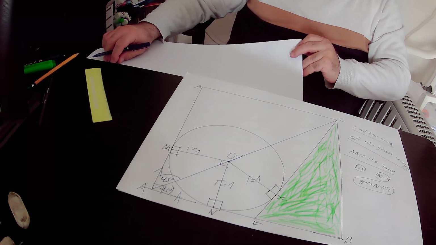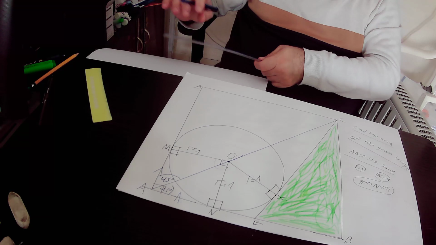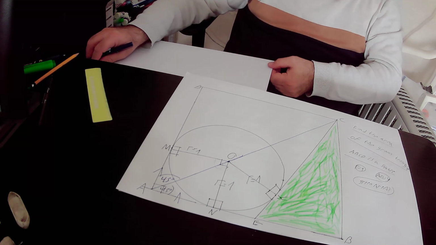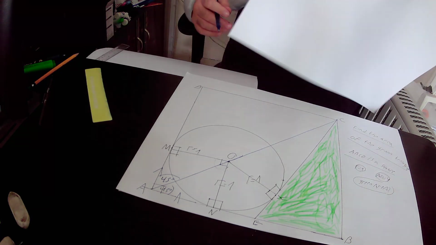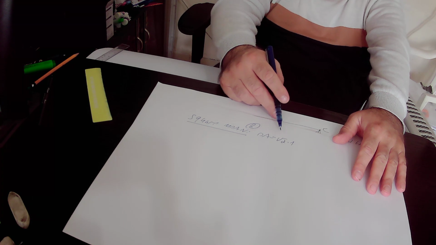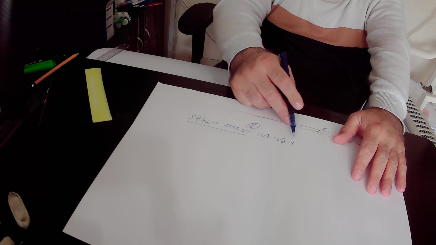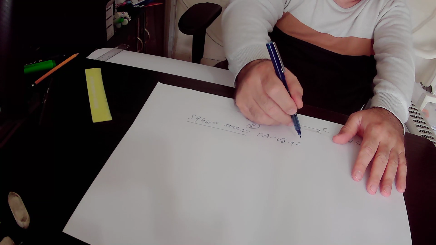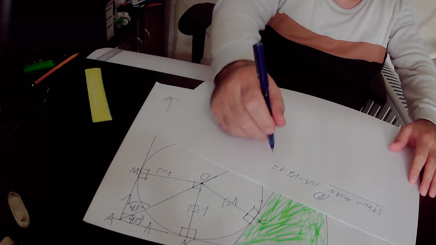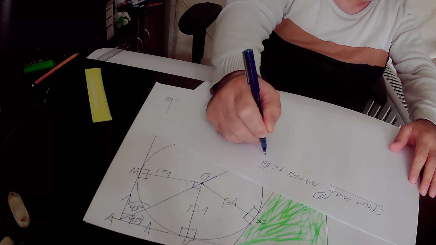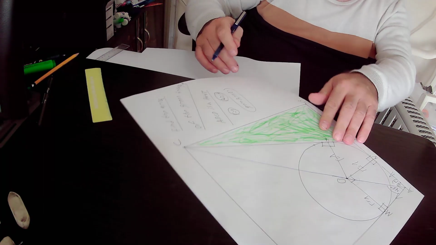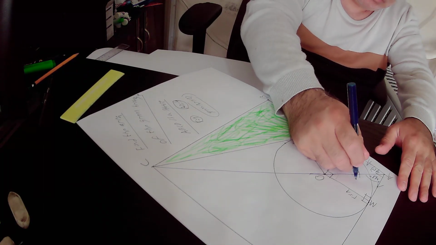Therefore, the length of diagonal OA will be equal to square root of 2 times 1, that is to say it equals square root of 2 units. Okay, OA equals square root of 2 units, so we can write here that OA equals square root of 2 units.